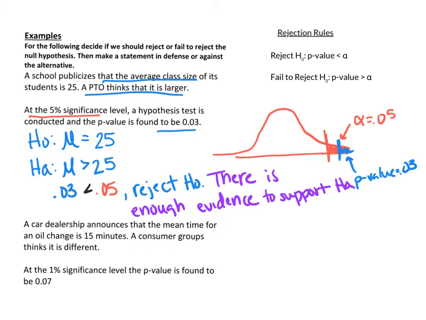So there are 2 parts to this. There's a decision. The decision here is to reject, and you always reject the null, or you fail to reject the null. Your decision is always with respect to the null. The next part comes to the conclusion. The conclusion talks about the evidence either supporting the alternative or not supporting the alternative. And here it supports the alternative, which means that it's supporting the fact that the class sizes are greater than 25.